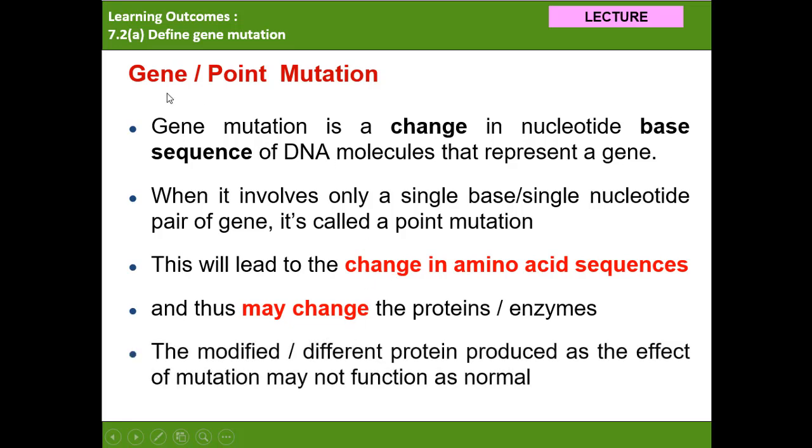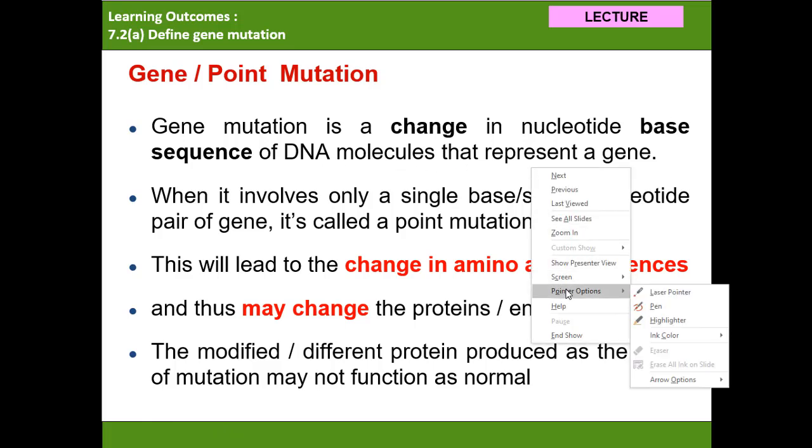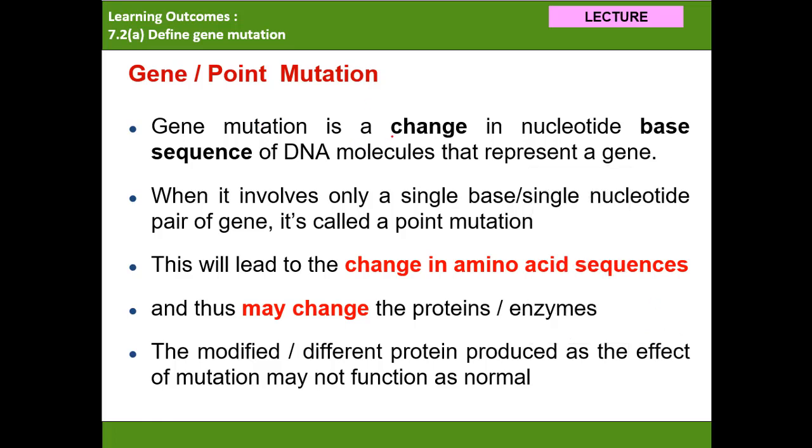Gene or point mutation refers to the change in nucleotide base sequence of DNA molecules that represent a gene. So gene mutation is a change in nucleotide base sequence of DNA molecules that represent a gene.